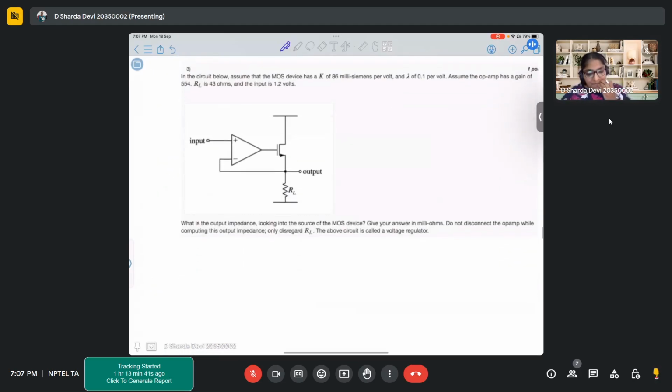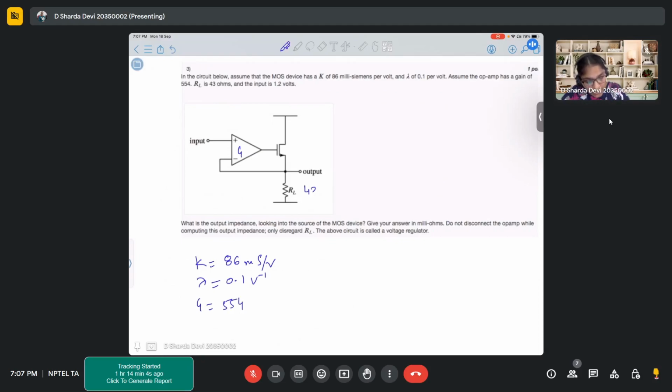In this problem, again, in this particular circuit, assume that K is 86 millisiemens per volt and lambda is 0.1 volt inverse. This is for the MOSFET. And the gain of this op-amp is 554.